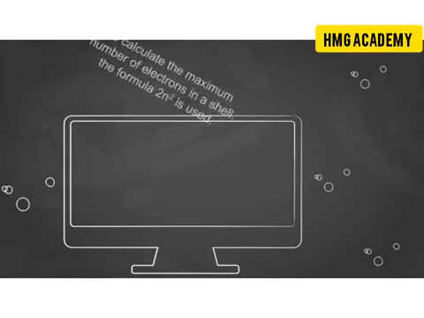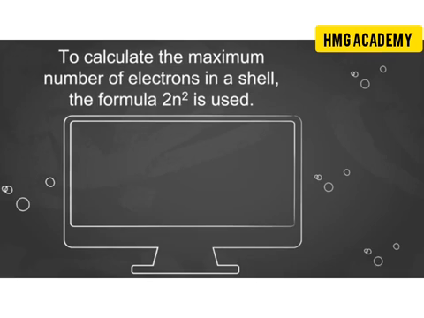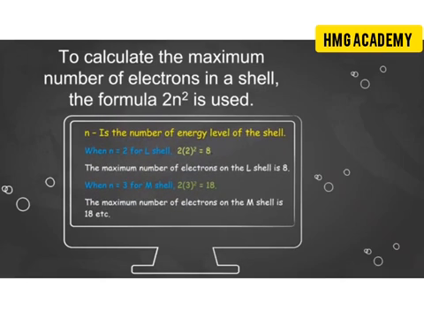So, let's try and calculate the maximum number of electrons that can be in the shell. To calculate the maximum number of electrons in a shell, the formula is 2n squared. That is, if n is the number of the energy level of the shell, when n is equal to 2 for shell 2, we are going to have 2 times 2 squared.